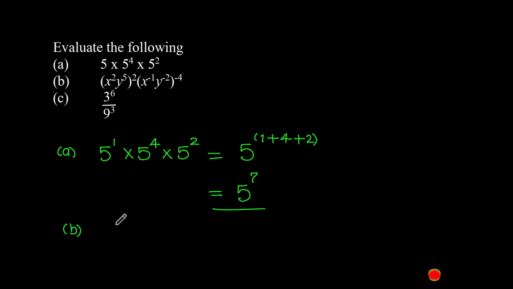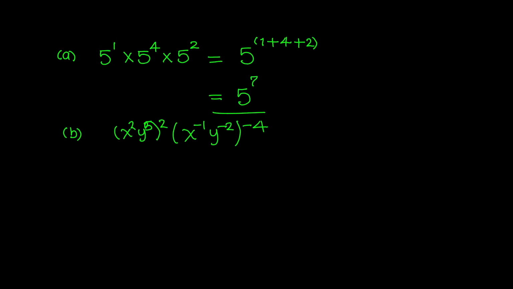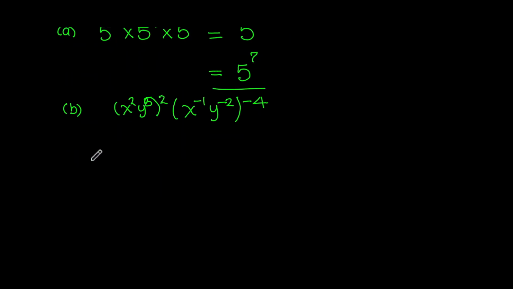So for part B, we have x squared y to the power of 5, and everything is raised to the power of 2, and we have x to the power of negative 1 times y raised to power negative 2, and the whole thing is also raised to negative 4. To simplify this, we need to distribute this power 2 to the two terms here, and I will split it as x to the power of 2, then raised to power 2.